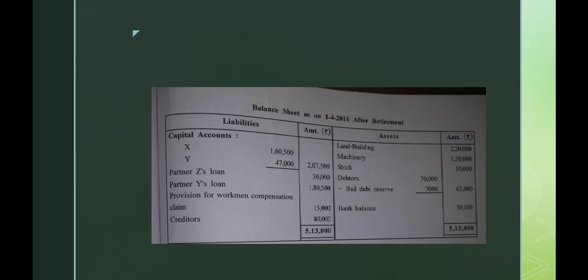It is transferred in the balance sheet. You can see on liabilities side, and also on debit side it is written bank balance 30,000. You know very well how to total cash and bank account, and that answer has been transferred in balance sheet again, and at last your balance sheet should tally. This completes our sum. Please practice this sum carefully, and if you have any doubts, please let me know.